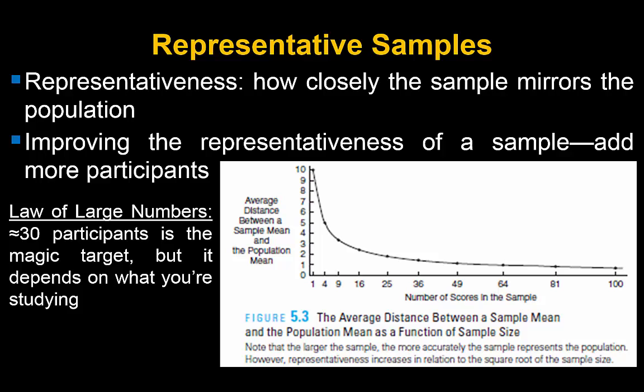Okay. Now, there are a couple different ways to actually improve the representativeness of a sample. First is to make sure things are as random as possible, that there are no specific factors that everybody shares, but then also to make sure that you have enough people in your particular sample.